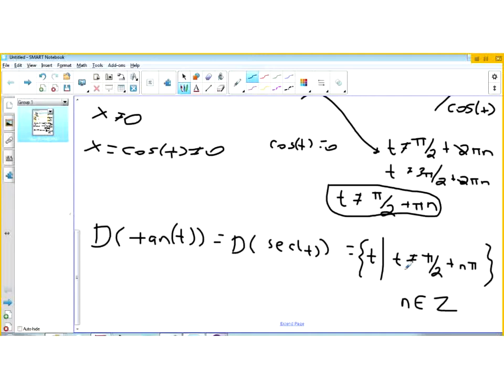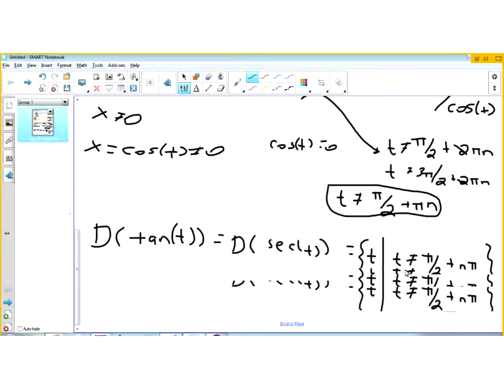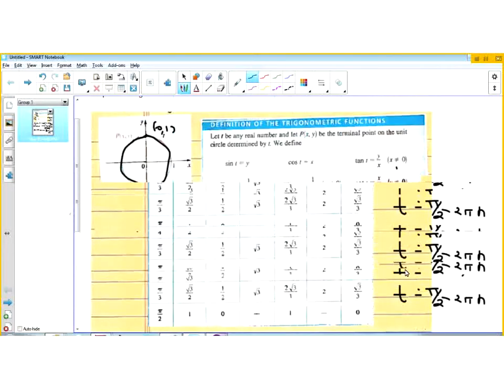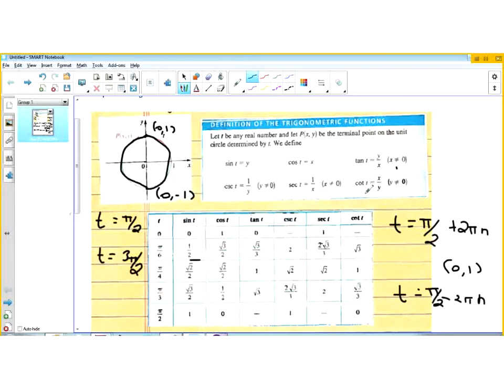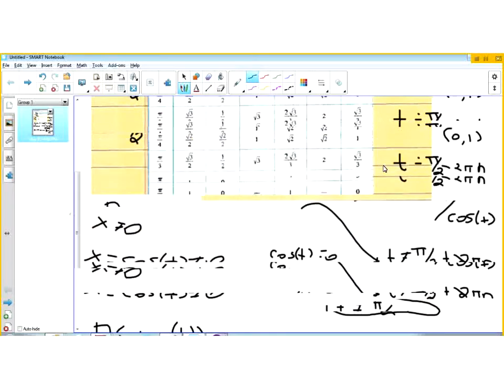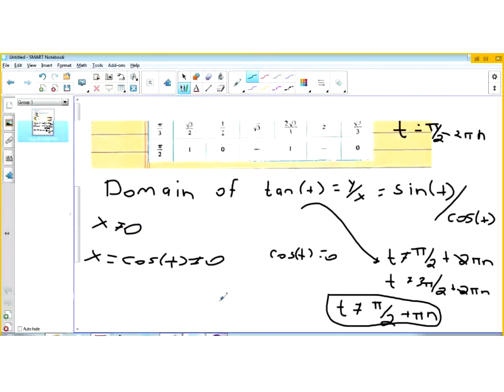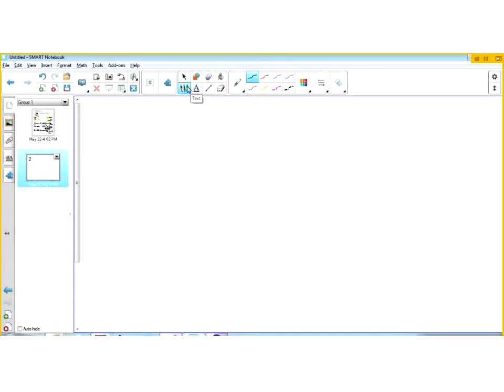All right, and so how about the restrictions on the cotangent function? Well, the cotangent function is where sine of t cannot be 0, right? So, next page. Okay, so we want to calculate the domain of the cotangent function, which is the same as the domain of the cosecant function.